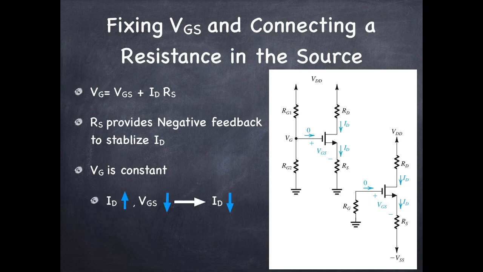So when there is any increase in drain current due to temperature variation or device parameter variation, the increase in ID will reduce VGS automatically because VG is constant, and thereby it will reduce the drain current. If there is a reduction in drain current, VGS will increase and it will increase the drain current. So it is a kind of compensation circuit for drain current variation using the negative feedback in the source lead of the transistor.